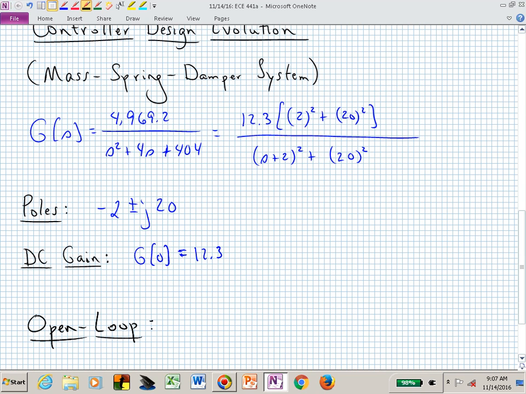You know the poles. What can you tell me once you know the poles? You can say whether it's stable or not. That's a very big picture view. Is this system stable? Yes, the poles are in the left half plane.